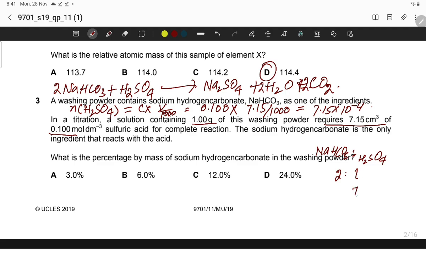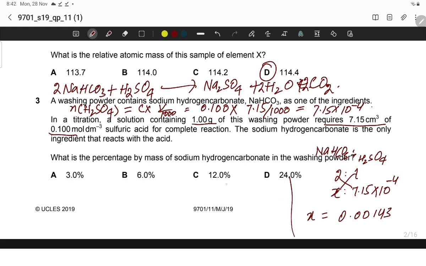The mole of sulfuric acid is 7.15 into 10 raised to minus 4, ratio x. Cross multiply and x is equal to 0.00143 mole of sodium hydrogen carbonate.